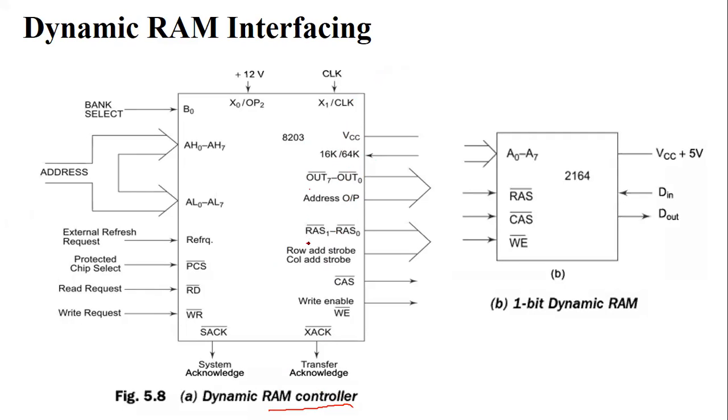See the rows and the column matrices, the read and write outputs, this controller circuit, and the address lines A0 to A7, nothing but 8-bit address lines.